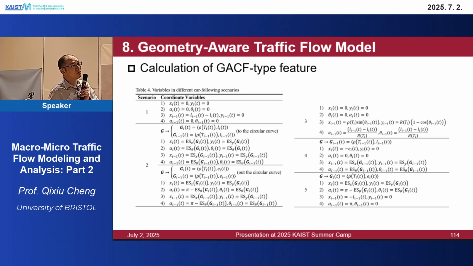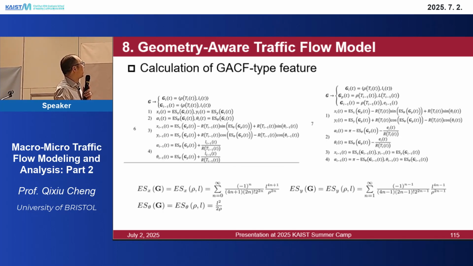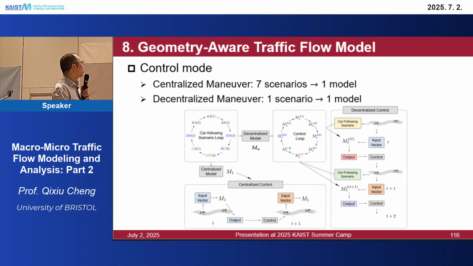Next, we need to calculate the geometry-aware car following features. We have 7 different features, and we have some simple analytical derivations. Now we will have different kinds of control mode because we have the scenario loop.